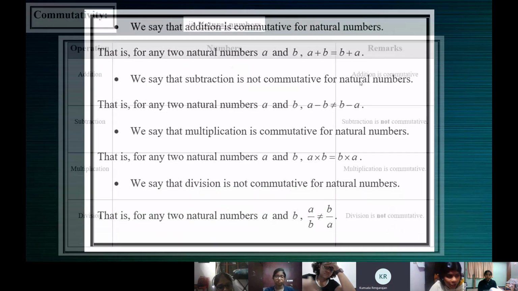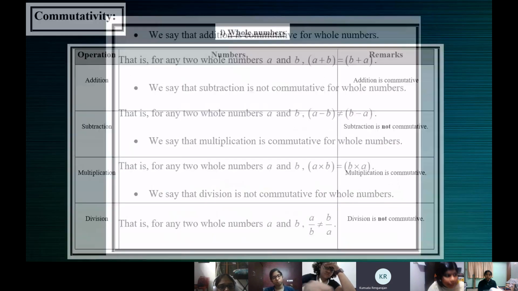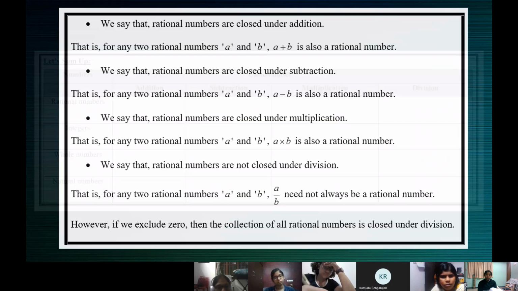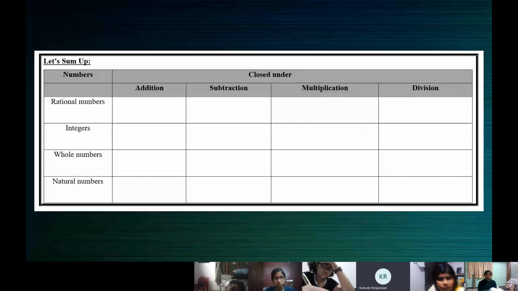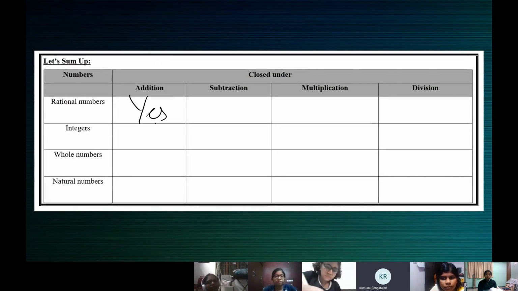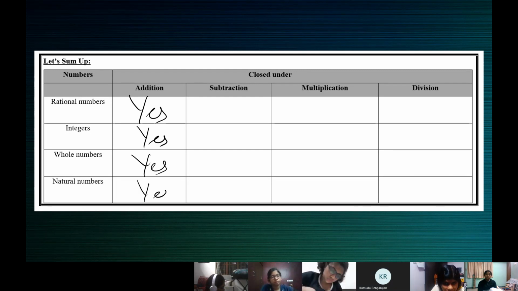And when you see the final table for closure property, we have to be a little careful, okay? Here also it's closed. Addition is always closed. Guess what's the other thing for multiplication?